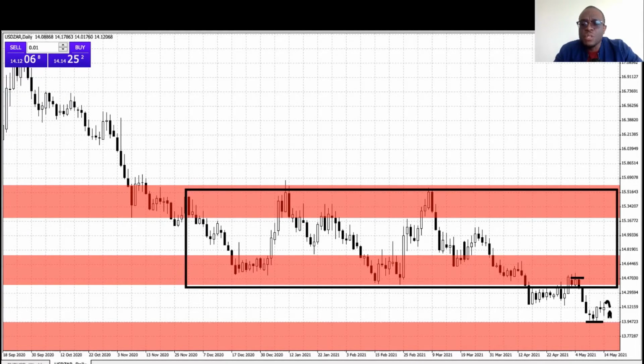And if it forms a higher low, it would mean that we would take a long position to the upside up to maybe 14.4703. But the reason why it has a low probability is because it is against the trend, and also it is against our bearish breakout play. So these are the movements that we're expecting in the coming week.